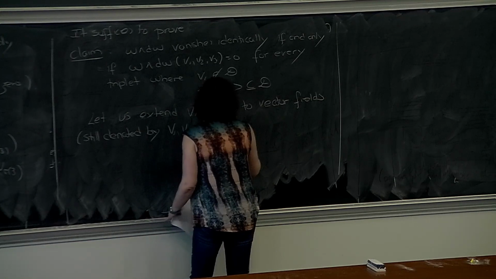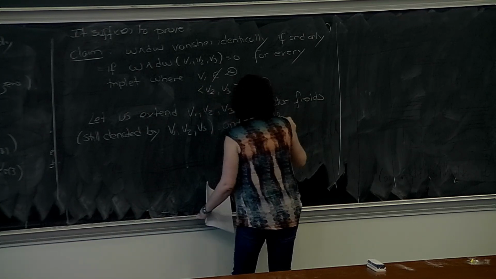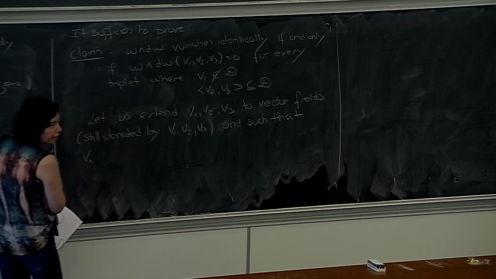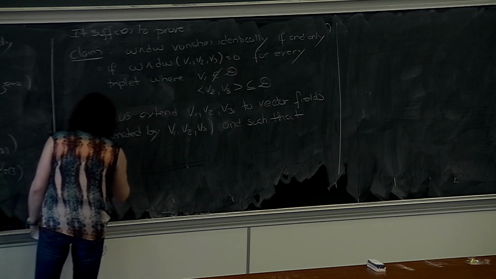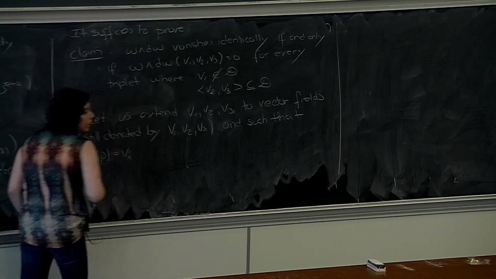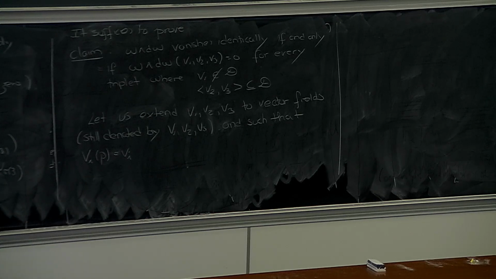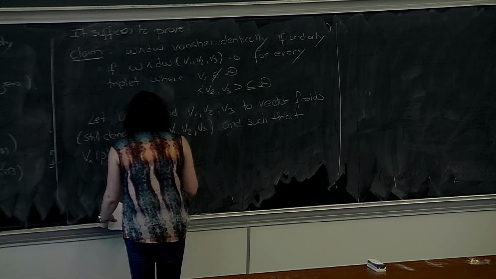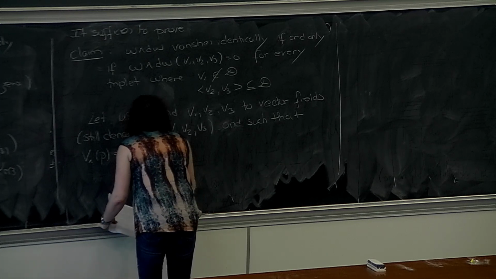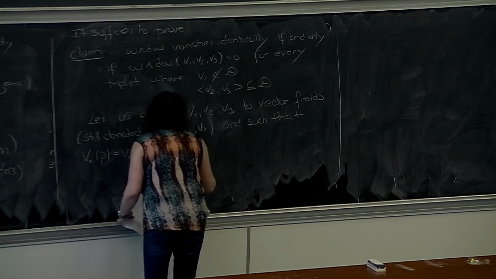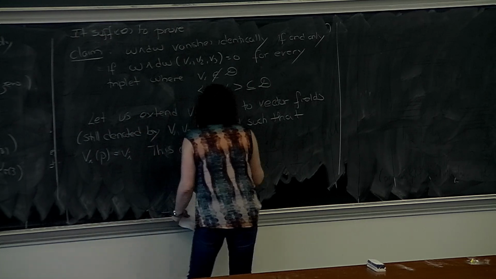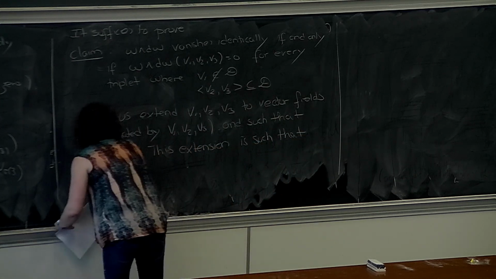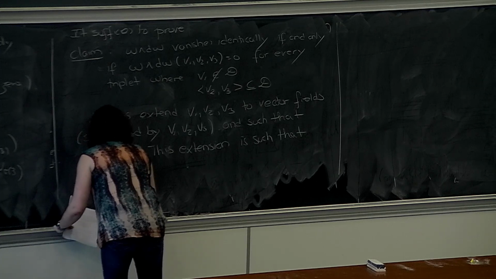And such that each one of these vector fields Vi at the point P coincides with the initial vector Vi that I have fixed. Okay? And this extension can be such that V2, V3 is tangent to D.